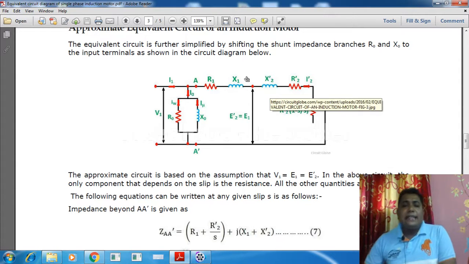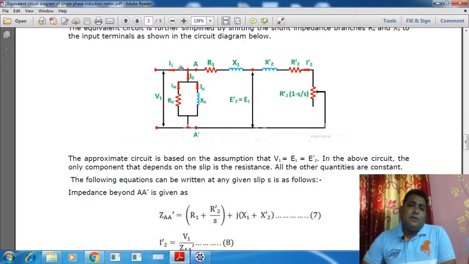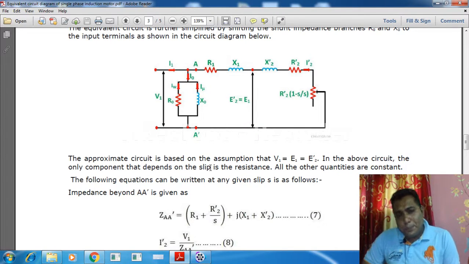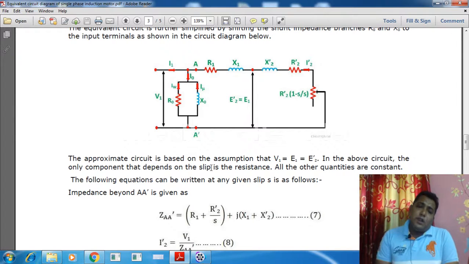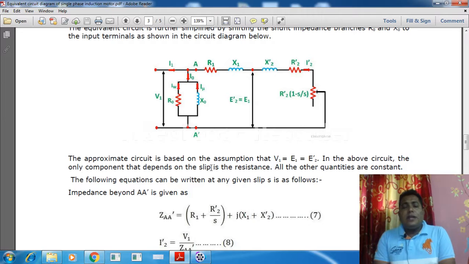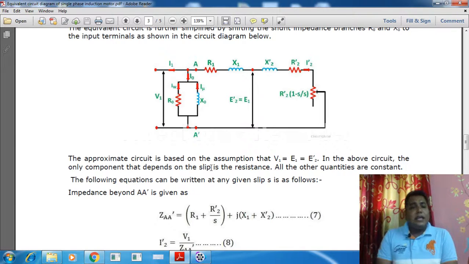So in this approximate equivalent circuit diagram, what is the total impedance of the circuit? The total impedance Z01 bar is given by the total resistance, R1 plus R2 bar by S, where S is the slip, plus j into X1 plus X2 bar.